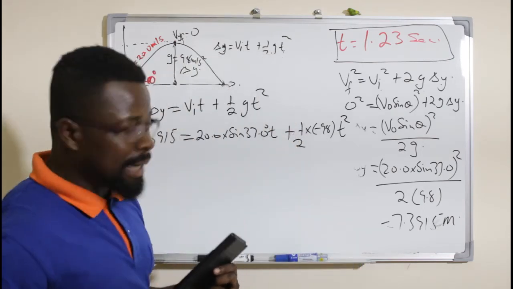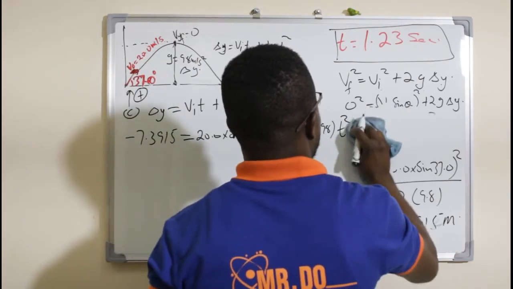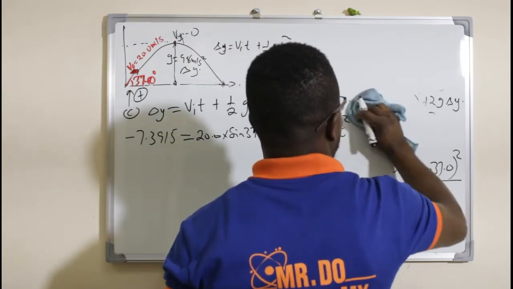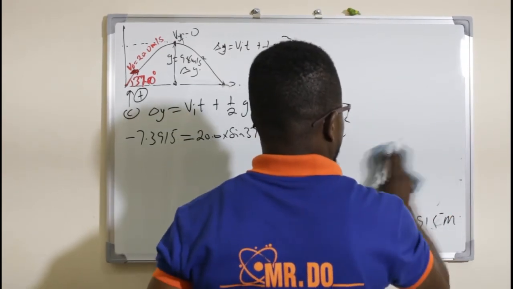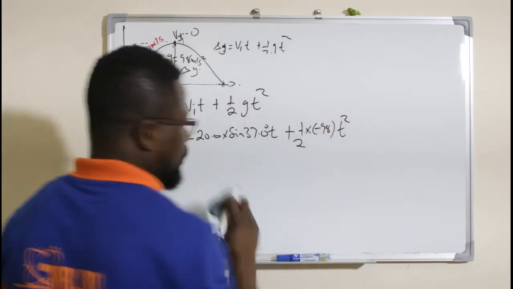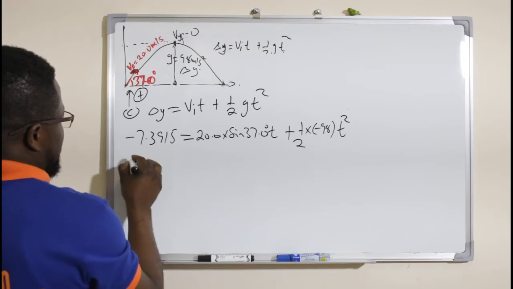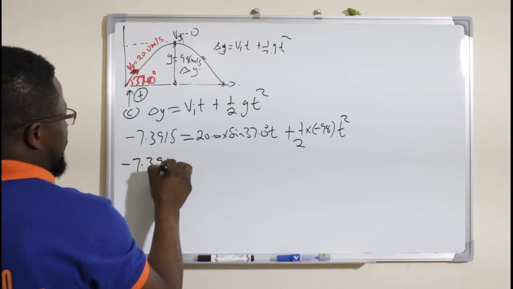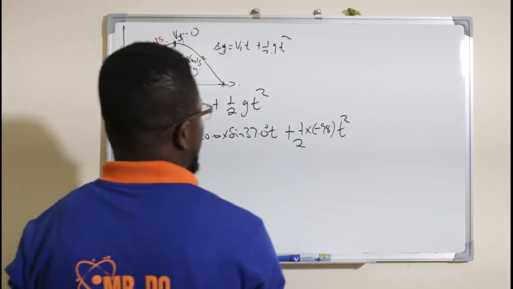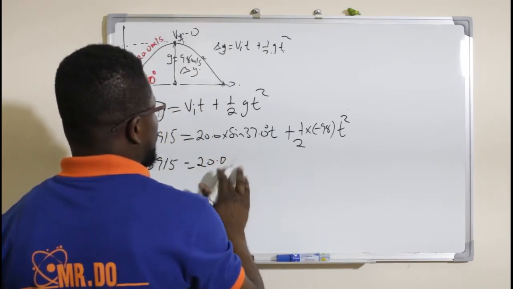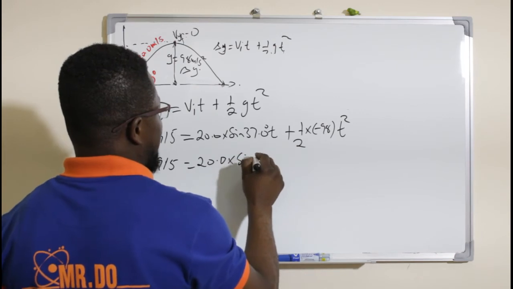And now I can solve for t, because we want to find the total time to reach the ground from there. So once I have this, let's check it and see. I want to use the actual value, so let me maintain this again.